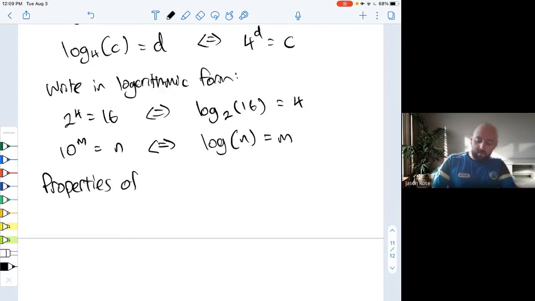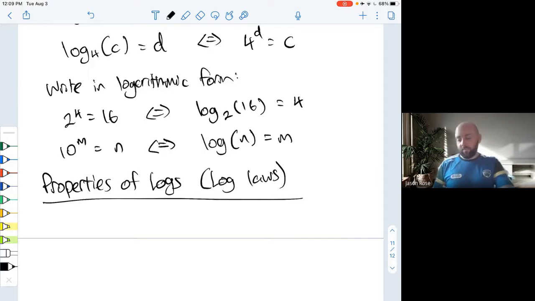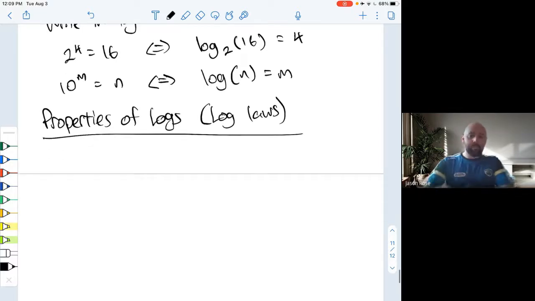So properties of logs, I'm just going to call them log laws for shorthand. I'm going to just run through them. They're also in a box in the book to review these, but I'm going to go through them here.